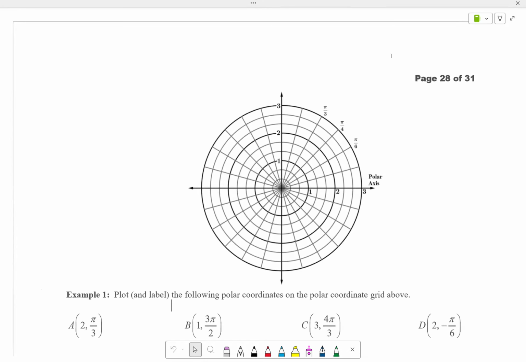Oh, this is probably a polar grid, by the way. That makes sense. Direction and distance. It's both of those Cartesian axes.